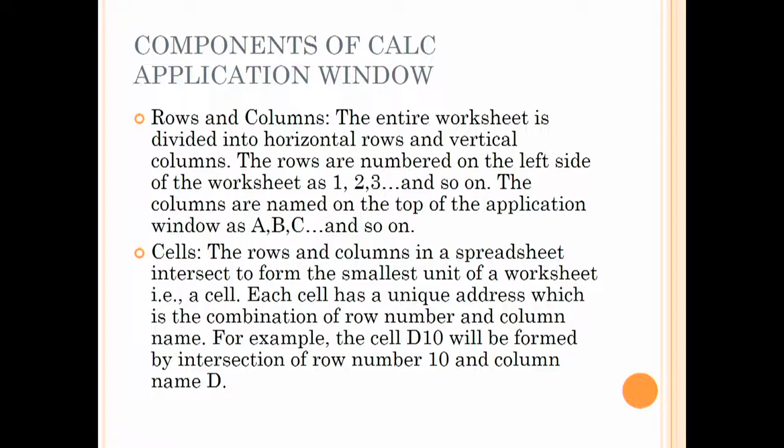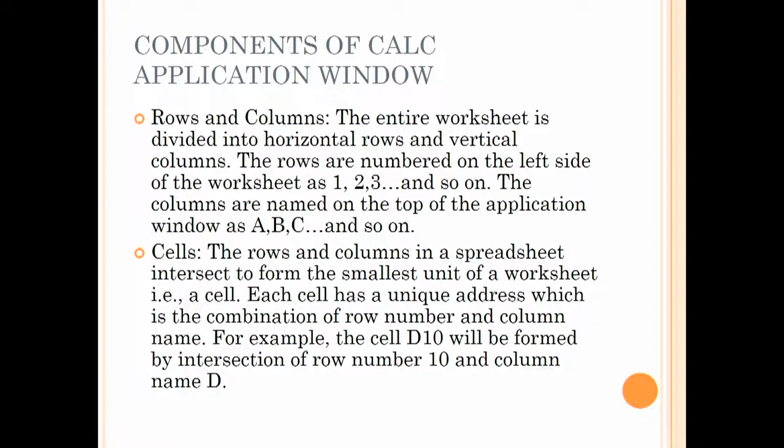Cells. The rows and columns in a spreadsheet intersect to form the smallest unit of a worksheet, that is a cell. So this again is very important. You must be thinking, what is the smallest unit in a spreadsheet? It is basically the cell. Each cell has a unique address, which is the combination of the column name and the row number.